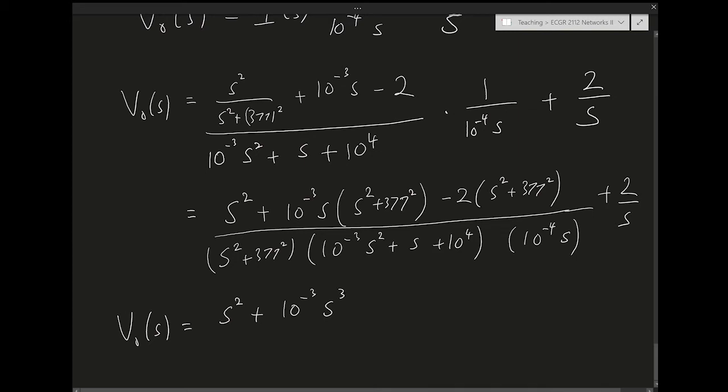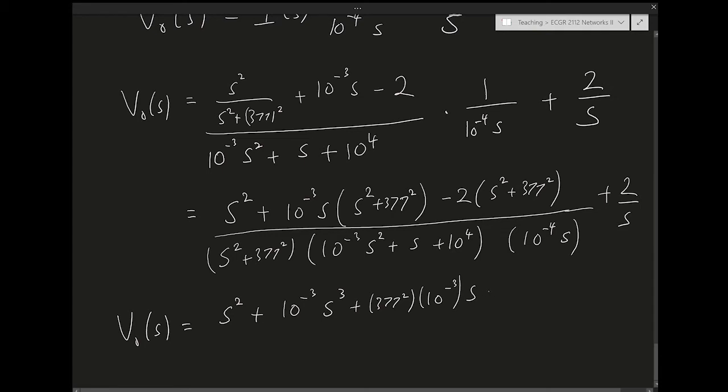So this turns into a cubic equation, plus 377 squared times 10 to the power minus 3 s, right?